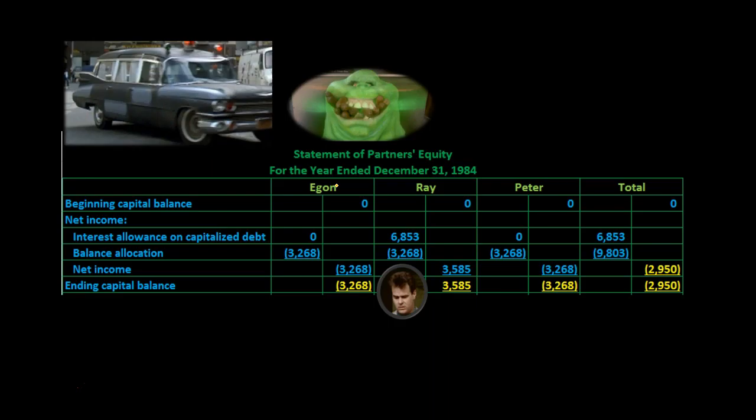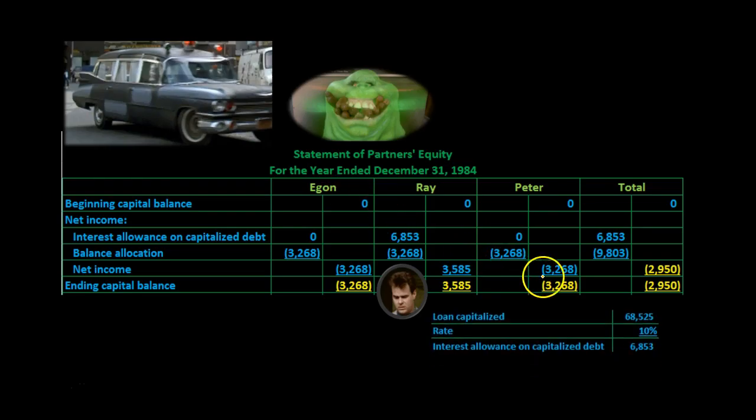Why? Because you put down collateral on the loan, taking on a lot more personal risk. So that loan was for $68,525. We're going to allocate to you 10% of that each year. So after the year is over, we'll allocate 10% of that, meaning we're going to give you $6,853 of the net income allocated to you before we split the rest out evenly between the three of us.